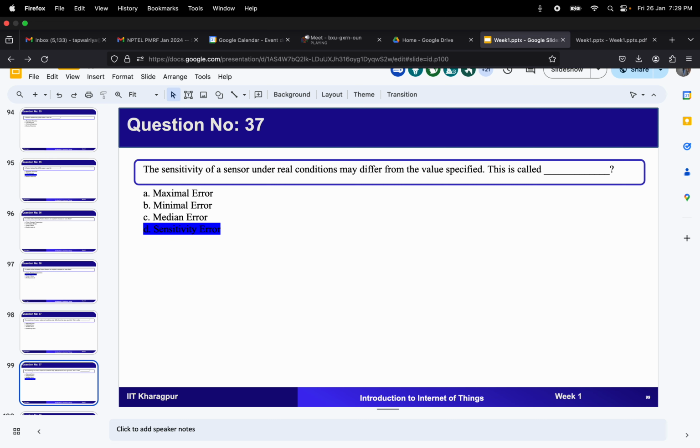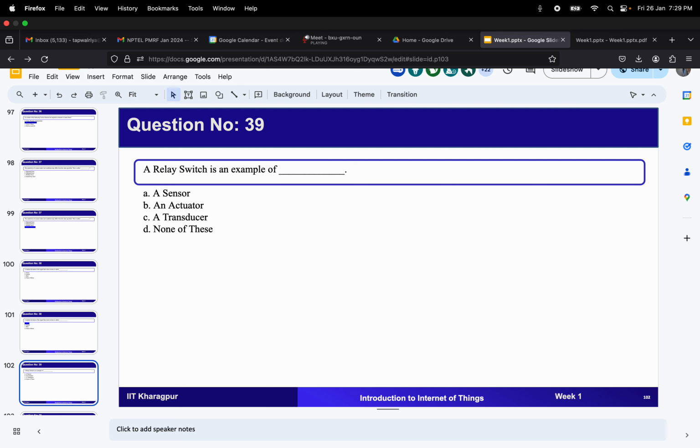It's sensitivity error. Right, sensitivity error. Next question is a random deviation of the signal that varies in time is called blank. Options are noise, sound, bias, none of these. Bias. Noise. Yes, it's bias. No, it's noise.